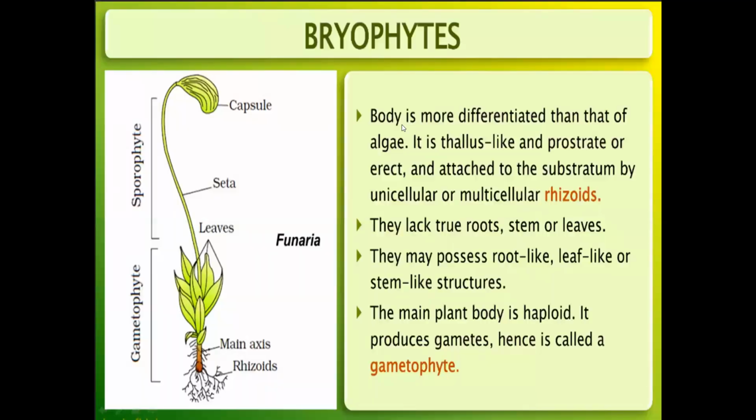Then bryophytes, body is differentiated than that of algae. Now body here is differentiated. Body will have leaf, some root-like structure called rhizoid, main axis, then seta, capsule. Body is somewhat differentiated, okay? But in algae, it was all thallus.